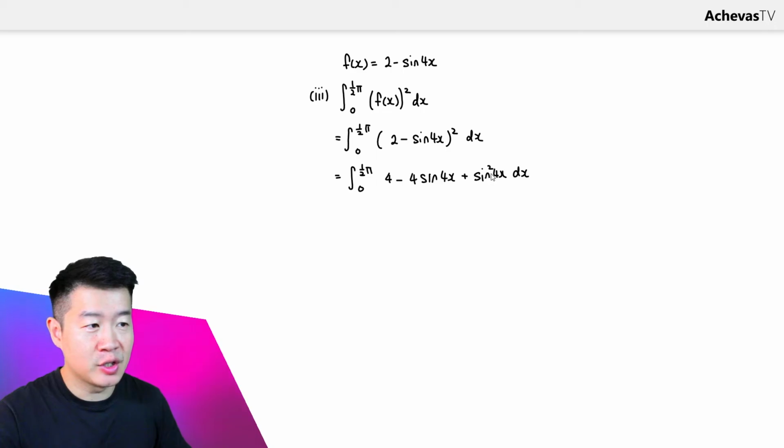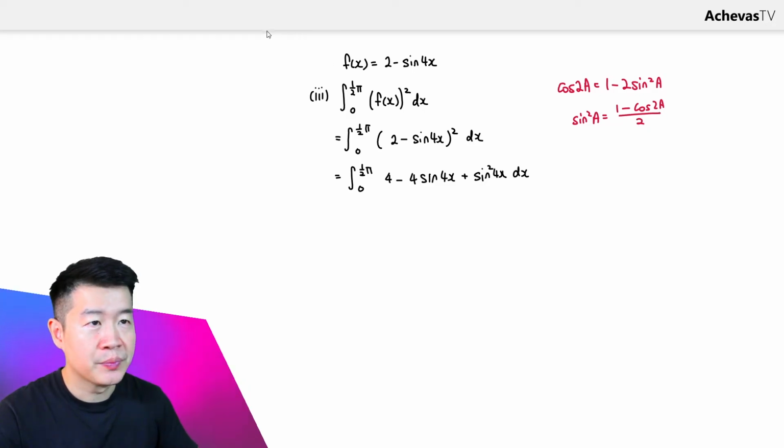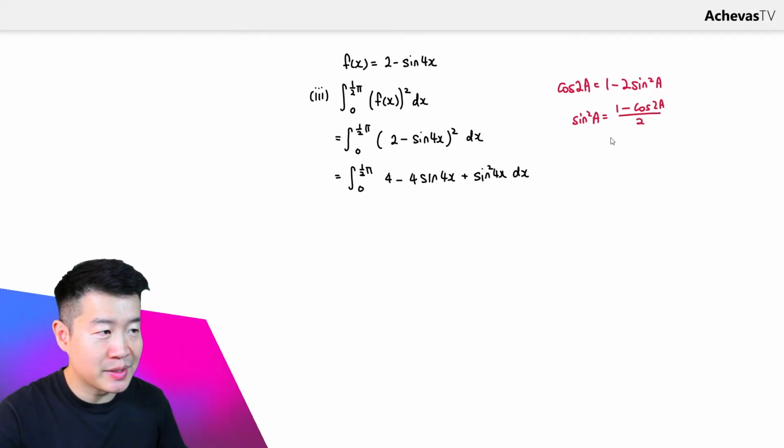For this, in order for us to be integrating it, we are going to make use of a trigonometric identity. Specifically, cosine 2A is 1 minus 2 sine squared A, which means that sine squared A can be re-expressed as 1 minus cosine 2A divided by 2.